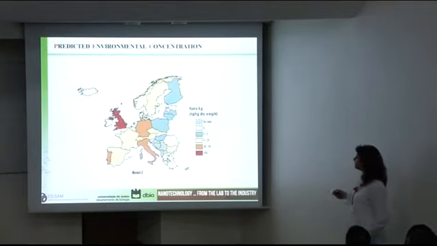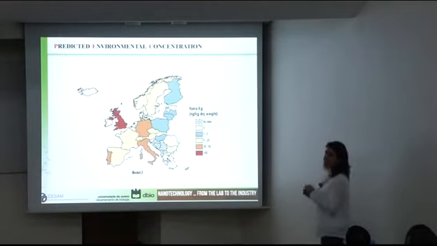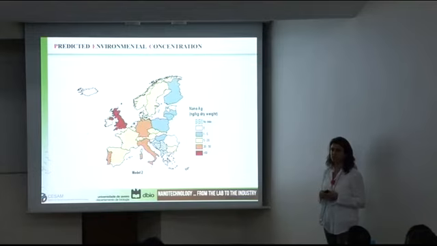to be compared with predicted environmental concentrations. For nanoparticles, there are not many studies that have analyzed real concentrations in the environment, so usually modeling is used to predict the concentrations.